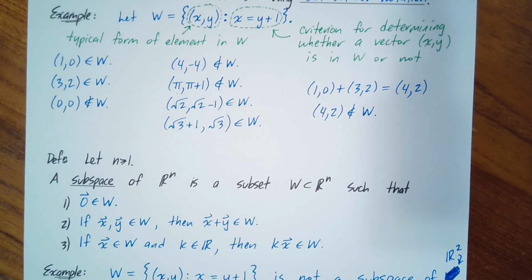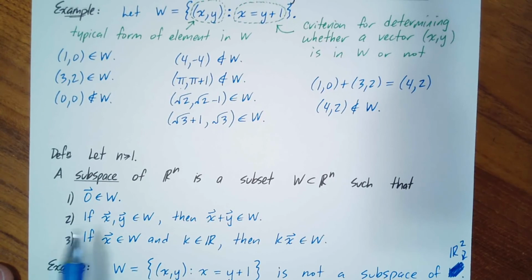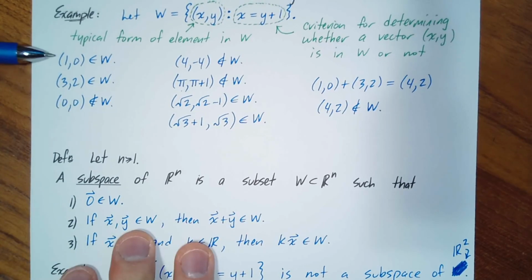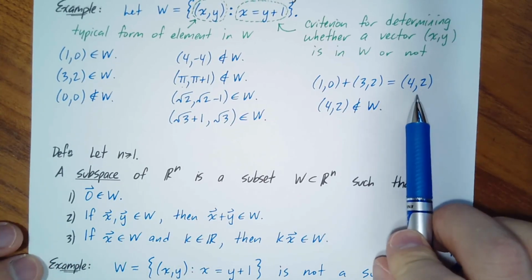I'm not going to write down long-winded sentences to explain this, but I just want to say it out loud. This is an example of statement 2 failing, because we've got two vectors. Let's say this is x, and this is the vector y here. So that's the vector x, and that's the vector y. Then this would be the vector x plus y.